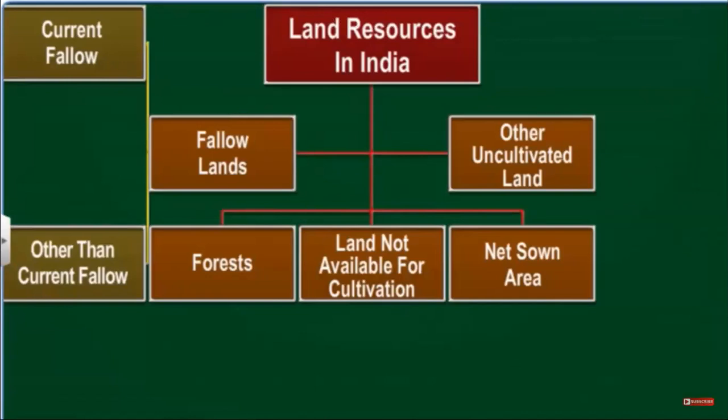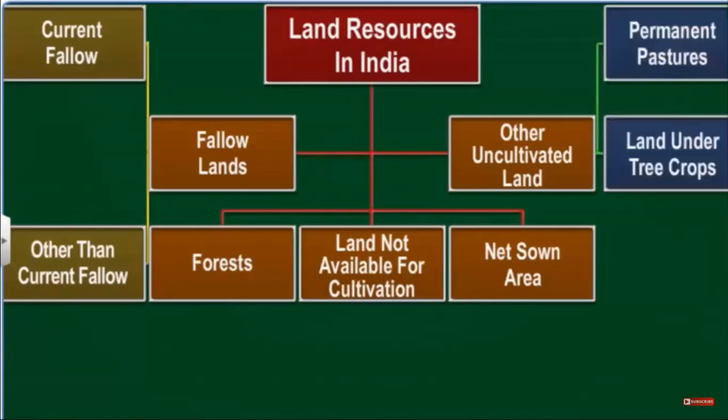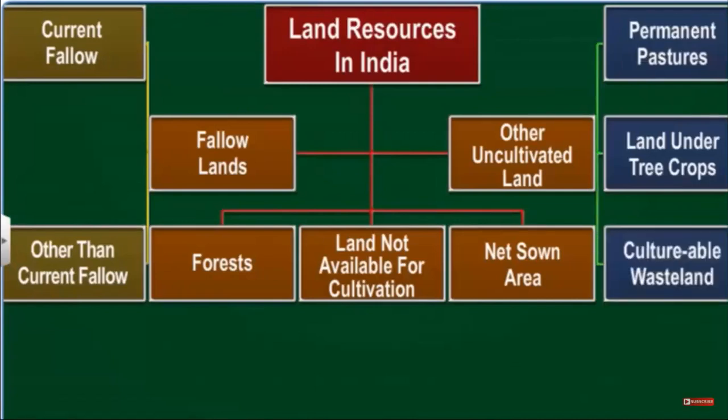Uncultivated land, other than fallow land, is divided into permanent pastures, land under miscellaneous tree crops, and land left uncultivated for more than 5 years. This land is either of poor quality or costs too high to cultivate. Hence, sometimes it is cultivated once in 2 or 3 years.